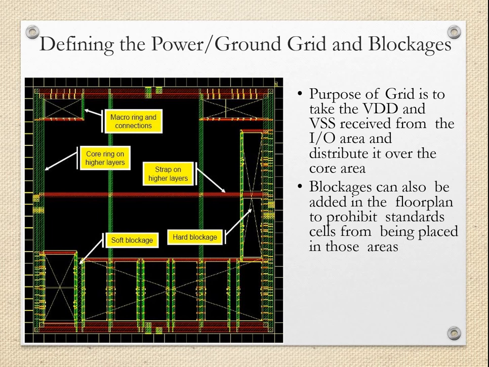As these VDD and VSS lines are to be spread throughout the chip area, there should be some grid arrangement with the help of which we can distribute the VDD and VSS throughout. Blockages can also be added in the floor plan to prohibit standard cells from being placed in those areas. So we can restrict a particular chip area for a particular purpose.